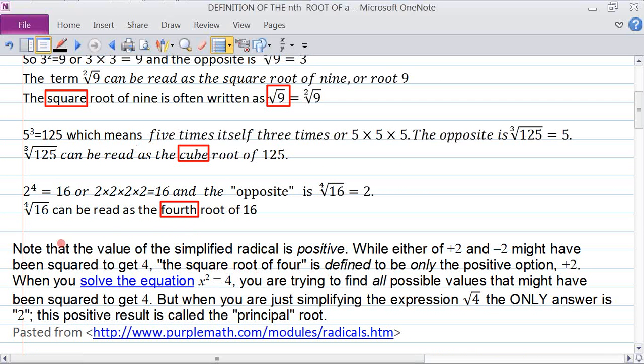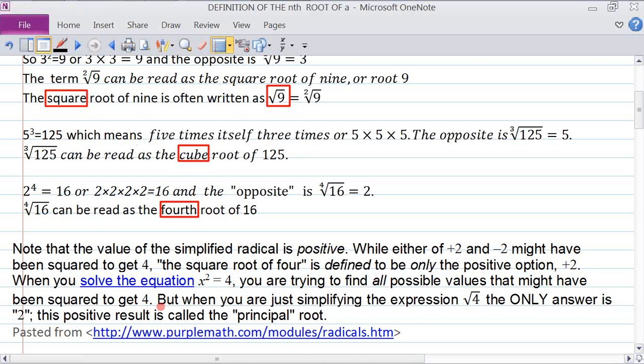Now, note that the value of the simplified radical is positive here. When we take this, the answer is positive. While either plus 2 or minus 2 might have been an option to get squared to get 4, you're trying to find all the possible values that might have been squared to get 4.